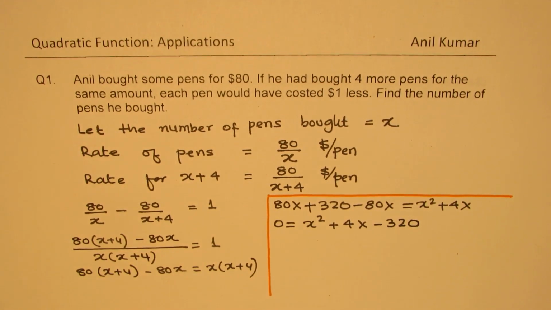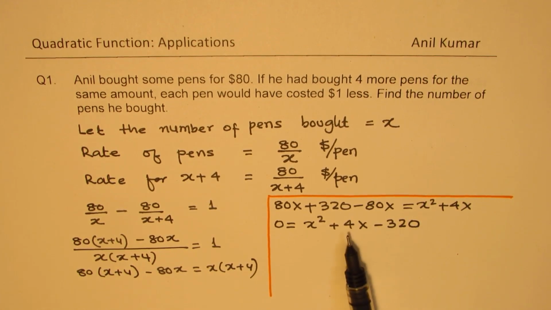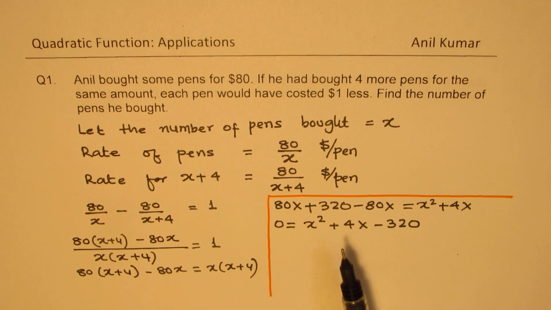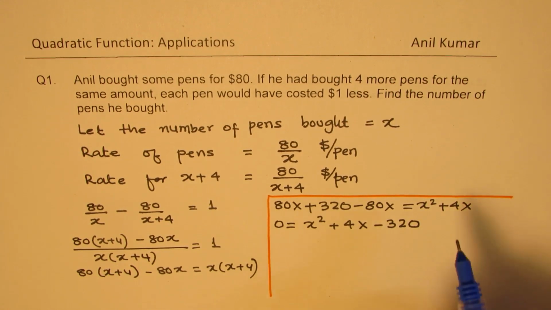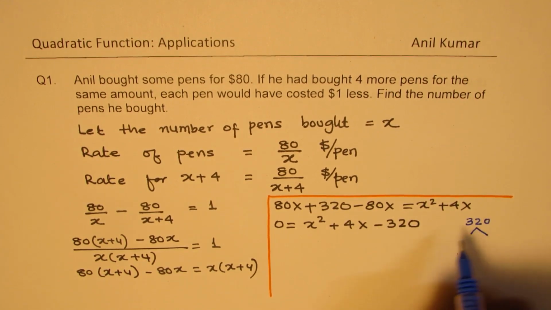So now we have a quadratic equation where we can factor. We are looking for a product of 320 and sum of 4. So what could be those two numbers, right, to factor? So that is what you need to work out, right? So the numbers which are difference of 4, we can see like this. We have 320 here, which could be factored.